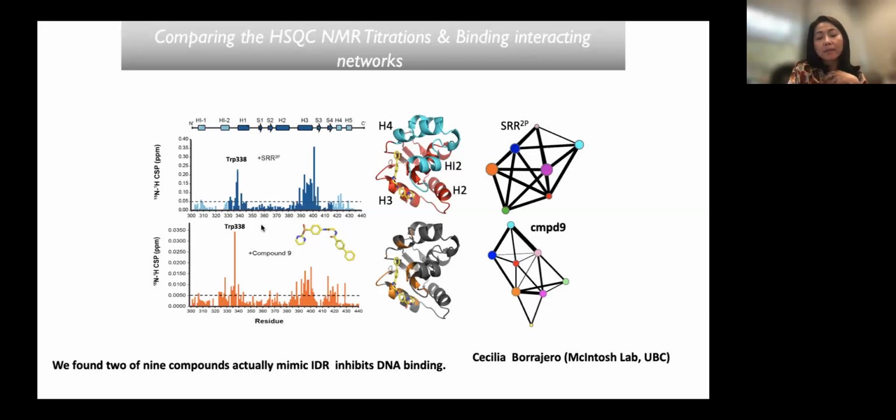So compound number 9, which is quite a long molecule, spans between the allosteric binding site and the DNA binding site, and it's also mimicking. It's very much the same.